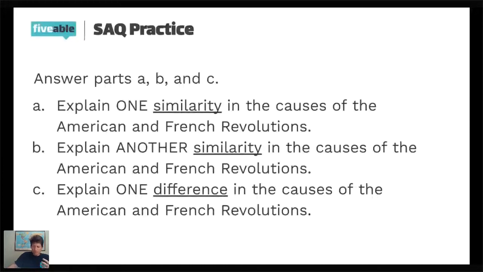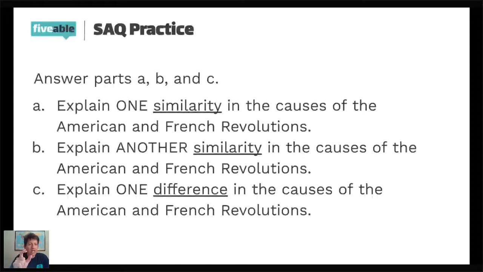This SAQ says to explain one similarity in the causes of the American and French revolutions, and to explain another similarity in the causes of the American and French revolutions. So you have to identify two similarities and give a full explanation.